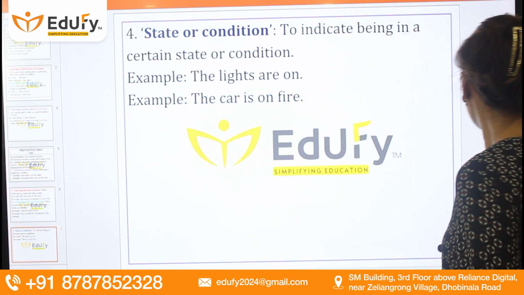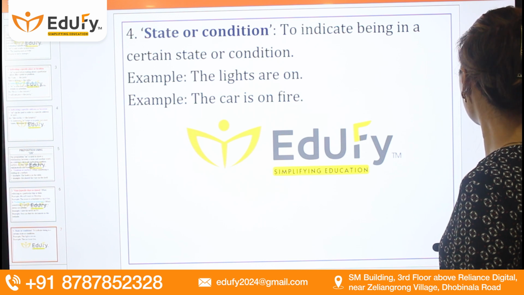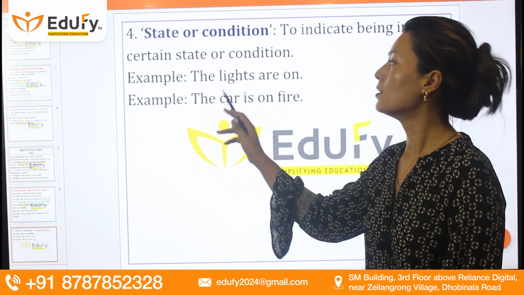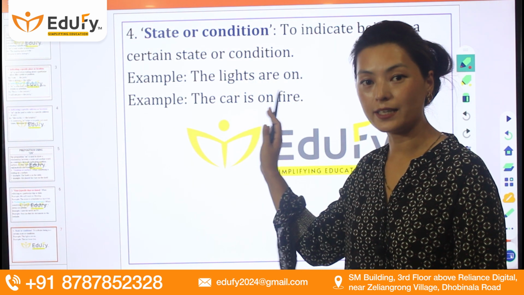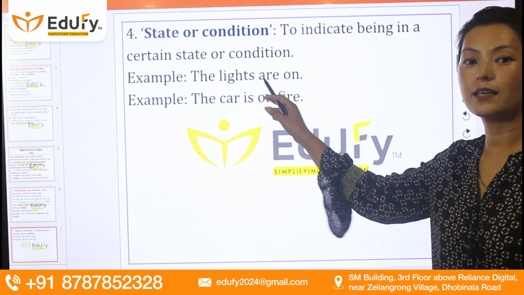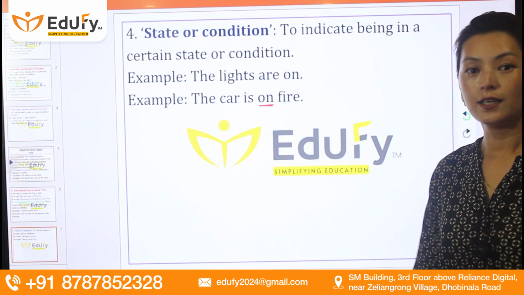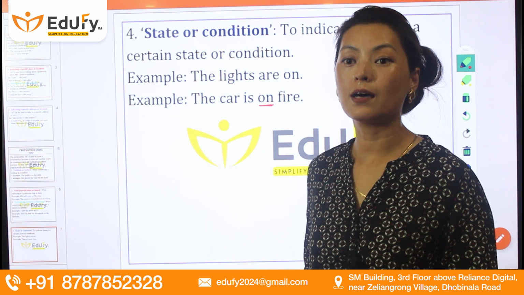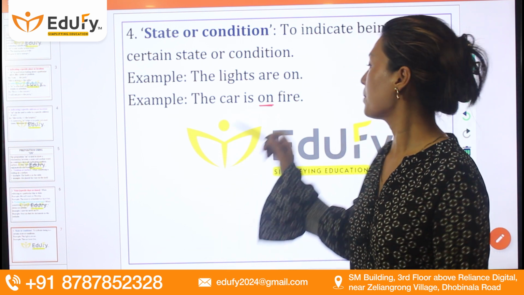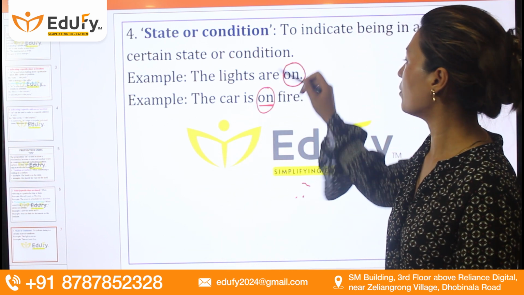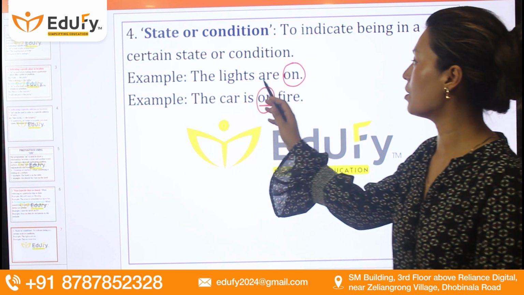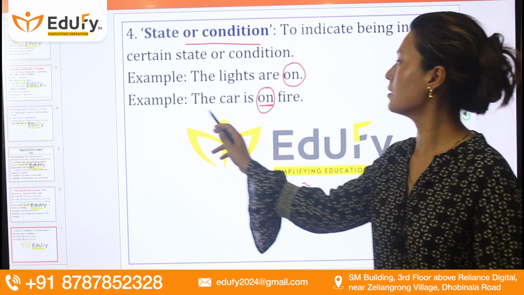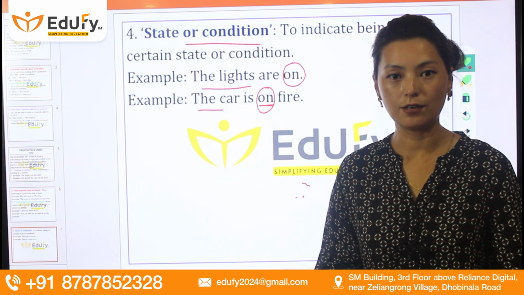So therefore, the word on becomes the preposition that should be used to talk about the condition of the lights. If I say the car is on fire, again here I'm talking about the condition of the car. I'm talking about how it is on fire. So preposition on is used to talk about the state or conditions of the nouns as well.